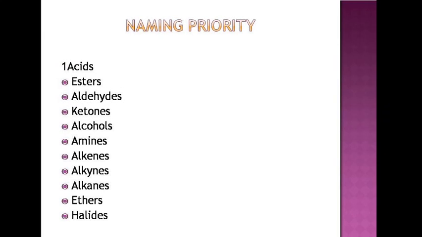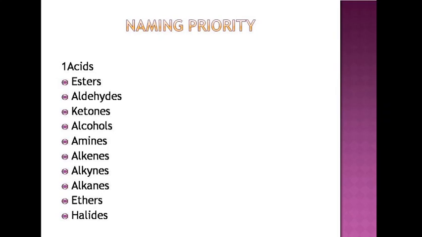When an organic compound contains many functional groups, such as acid, ester, aldehyde, ketone, alcohol, amine, alkene, priority is given to the functional groups. The first priority is given to the acid, next ester, then aldehyde, then ketone, then alcohol, then amine.